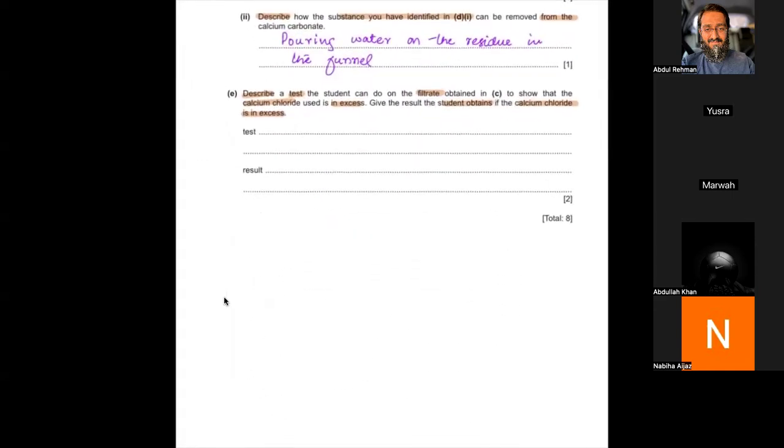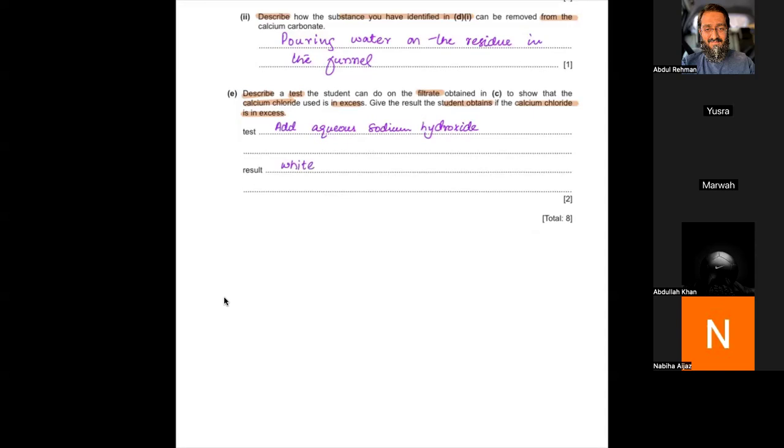So add aqueous sodium hydroxide, right? Yes.